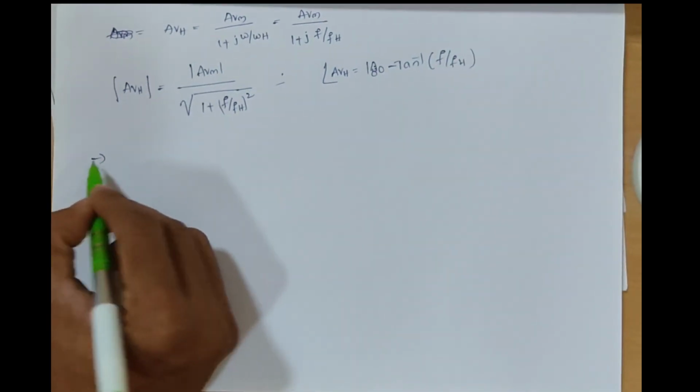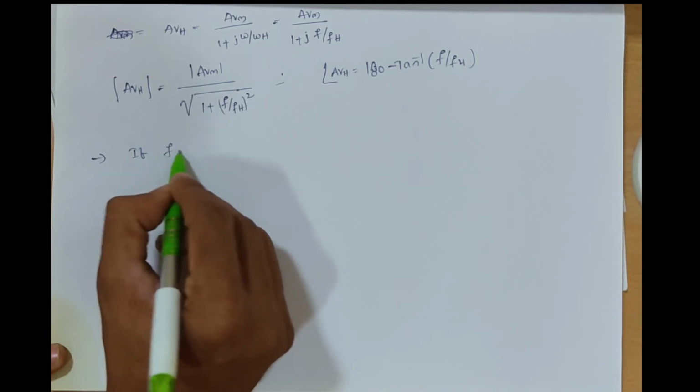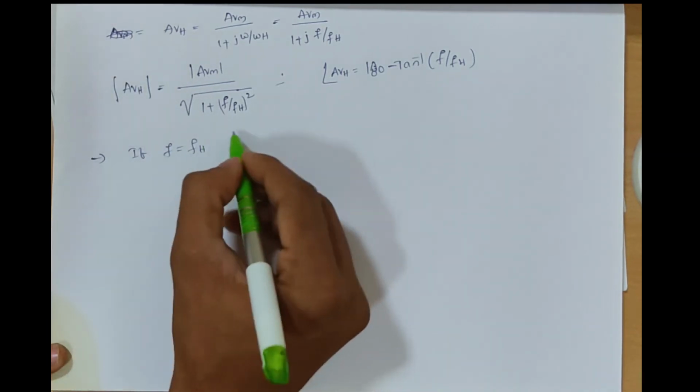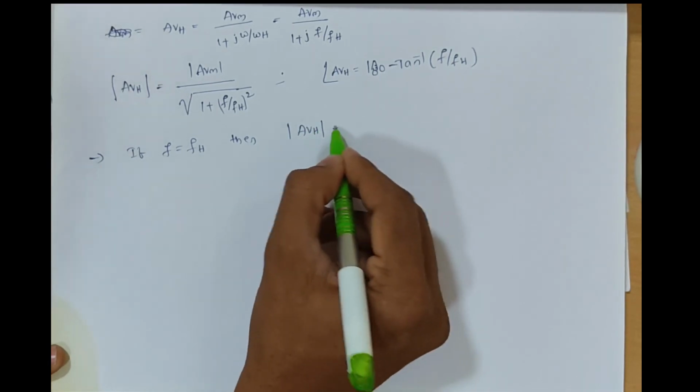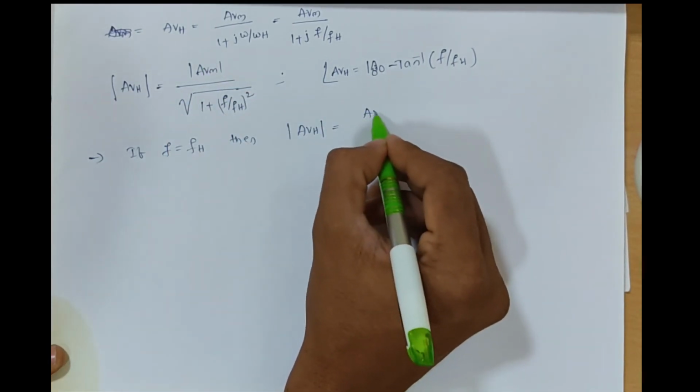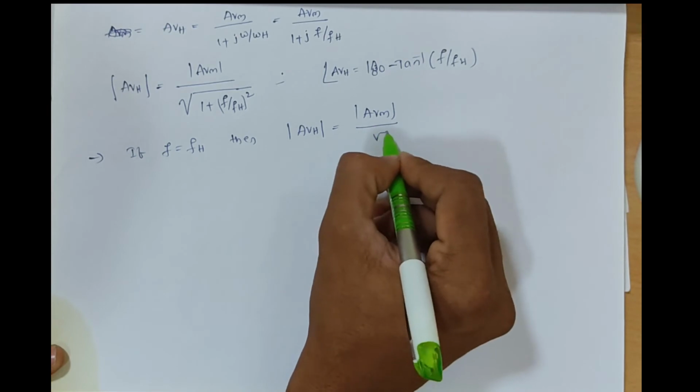If f equals fh, then what can we write? If f is equal to fh, then we can write AVH equals AVM by root 2. Yes or no?